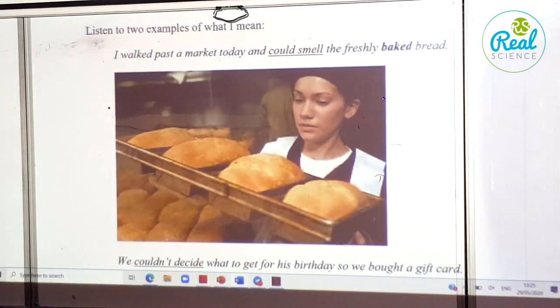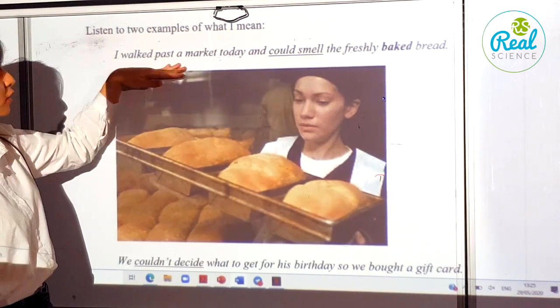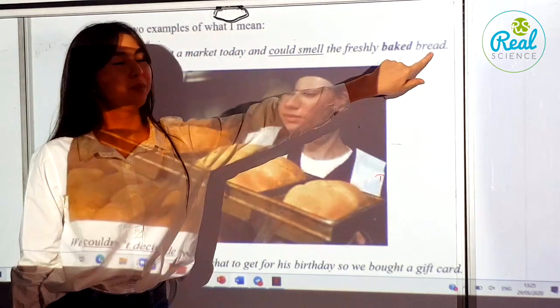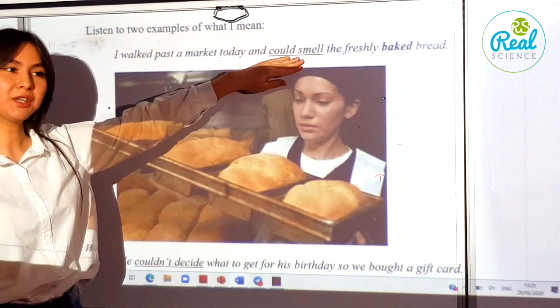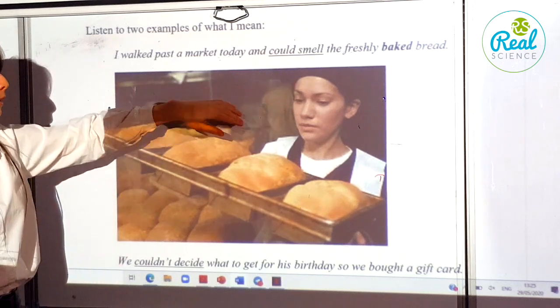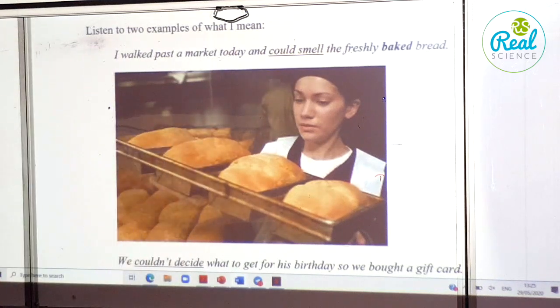I walked past a market today and could smell the freshly baked bread. Look, nice. This is a specific situation. Yes, you walked past a market today and you could smell freshly baked bread. So you don't use here what? Managed to and were able to, yes? Because this is a verb of sense. Okay, nice.